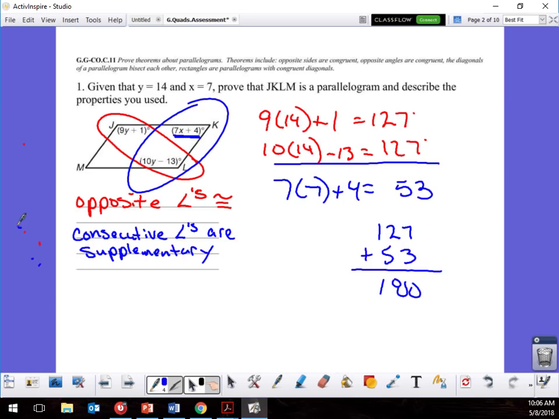Okay, so there is my properties that prove that to be true. So I had this much information, I had this much information, so now, do they fit the criteria of the parallelogram? Yes, they do. All of it's true, according to what we had from the quadrilateral.